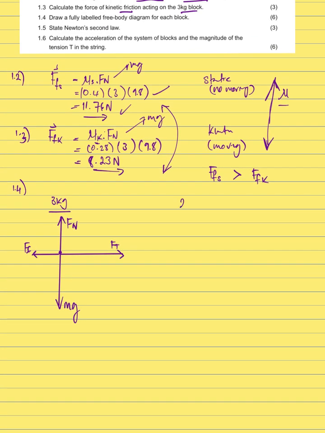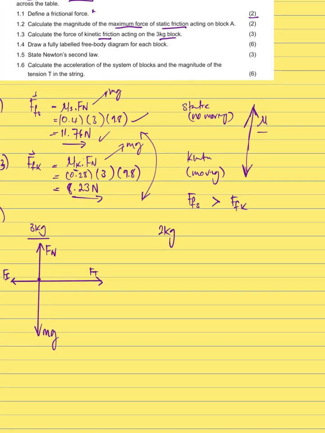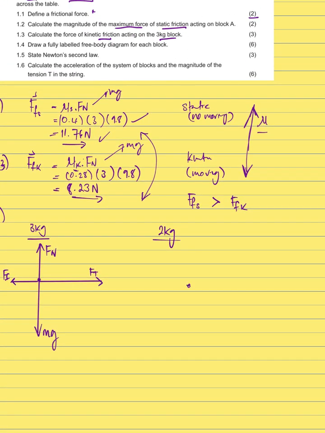And then for the 2 kilogram block, the only thing it has here is, because of its mass, a downward gravitational force, and what's pulling it upwards is that tension again. So I've got one force here and one force here. Over here, I've got force of tension, and over here, I've got mg.